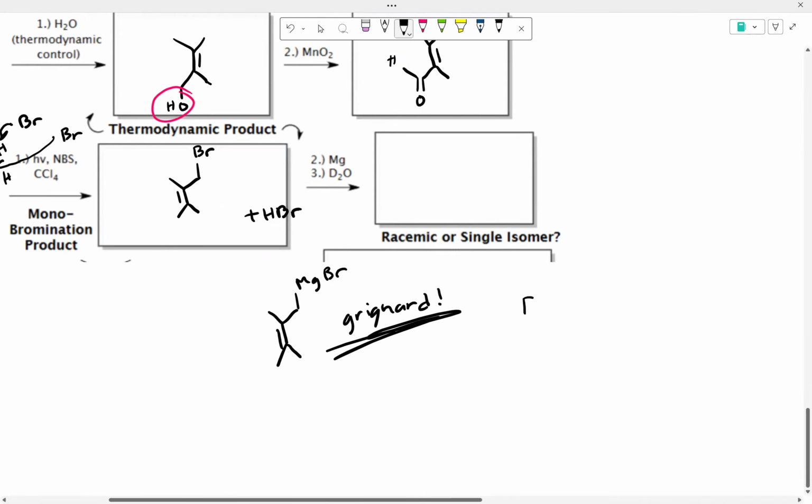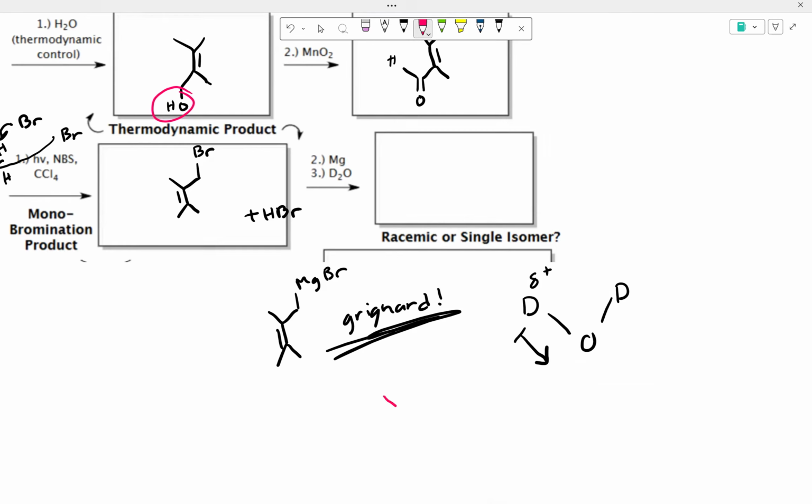We know that Grignards can deprotonate deuterium oxide, D2O, because oxygen is more electronegative than deuterium. So deuterium has a partial positive charge.